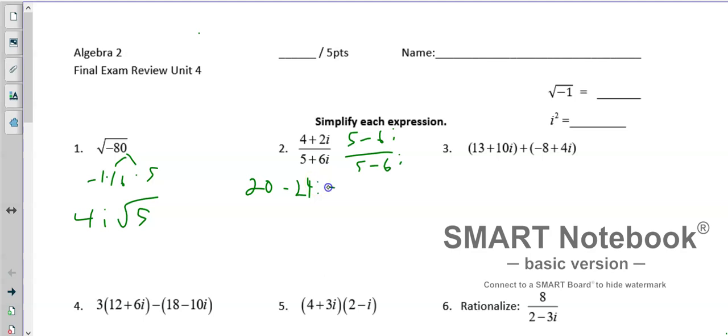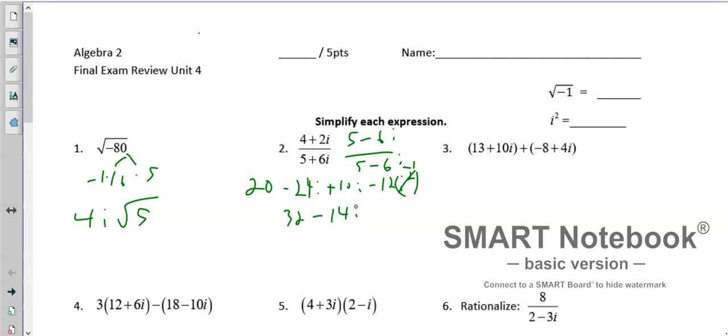Inside, 5 times 2i is 10i. And last, negative 12i squared. Now remember, as soon as I write i squared, I'm going to cross it out and put a negative 1, which is going to make that negative 12 become positive 12. And that 12 plus 20 is going to give me 32 on the top. Then combine those, I'm going to get negative 14i.